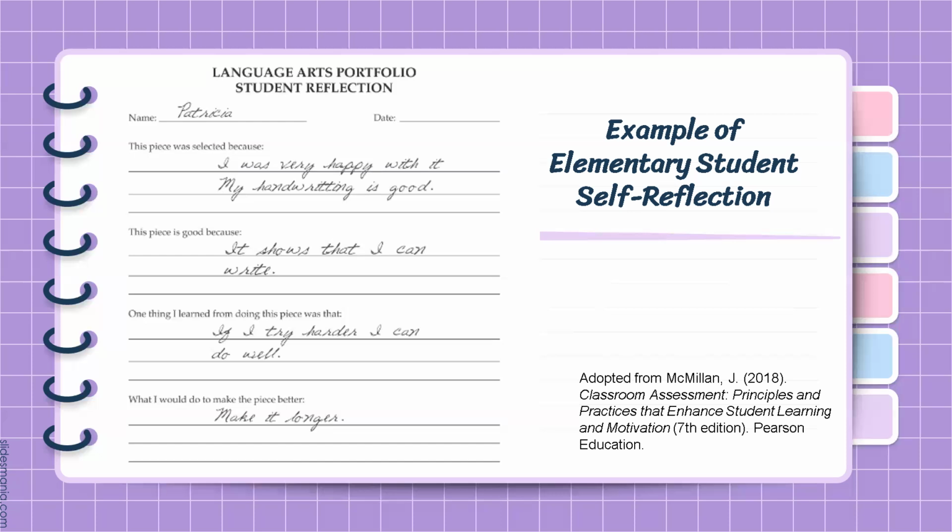Next statement, one thing I learned from doing this piece was that if I try harder, I can do well. And the last incomplete statement, what I would do to make the piece better, make it longer. So with these incomplete statements, students are able to structure or construct their own self-reflections.